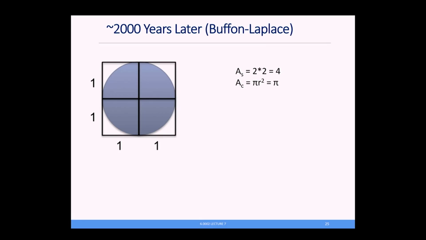A square of 2 units of whatever it is per side. And therefore, we know that the area of the square is 2 times 2, or 4. We know that the area of the circle is pi r squared. And since we know that r is 1, because that's the square it's inscribed in, we know that the area of the circle is exactly pi.